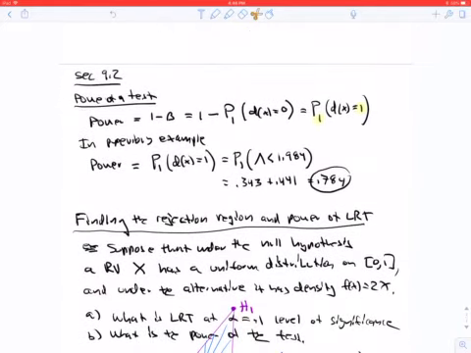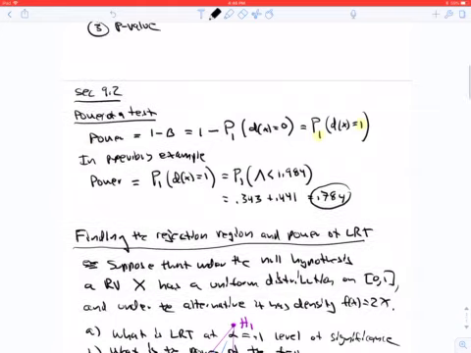So section 9.2, power of a test. Power is 1 minus your type 2 error, or 1 minus the probability under the alternative hypothesis that you accept the null, which is the same as the probability under the alternative hypothesis that you reject the null.